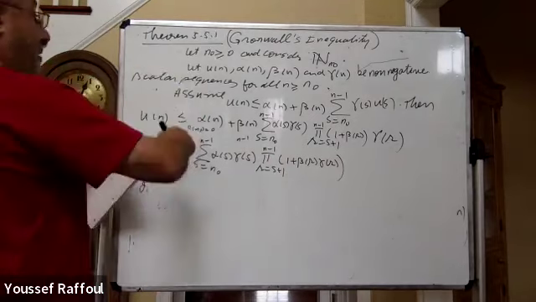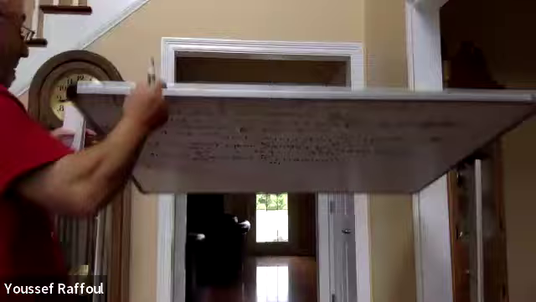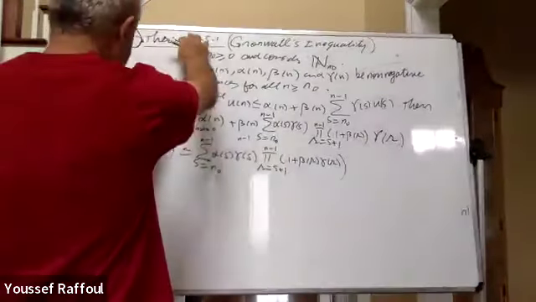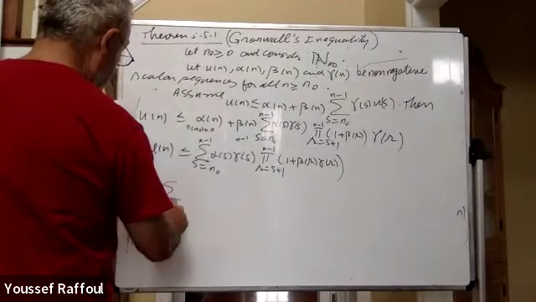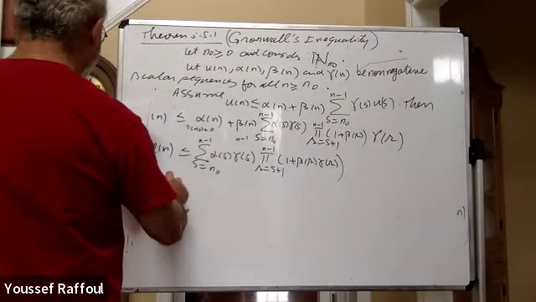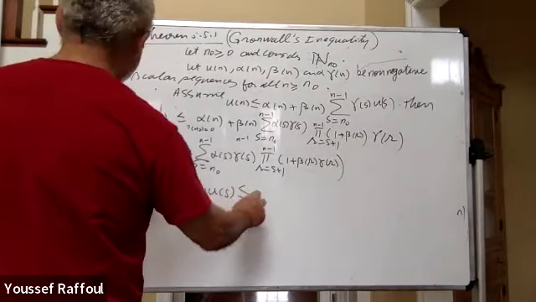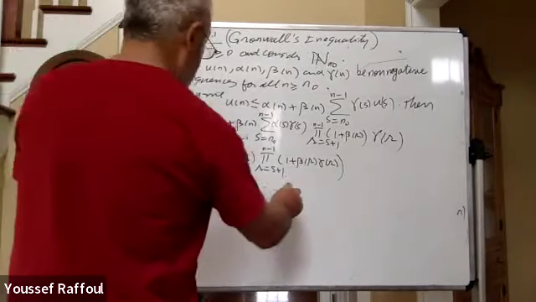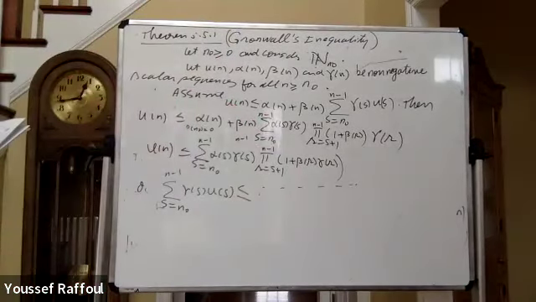But what is phi n? Remember, phi n, I erased it. Remember what phi n was. Phi n was the sum for s equal n0 to n minus 1 of gamma s us, which is less or equal to all that. Okay?